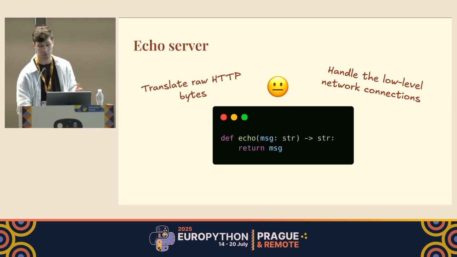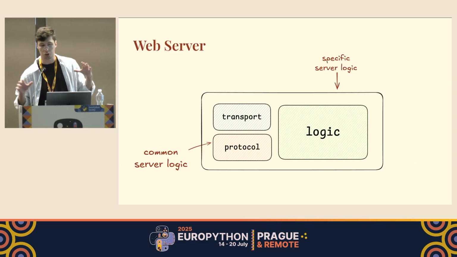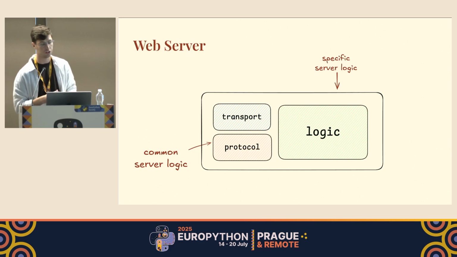If we look at the web server from a top-level perspective and try to understand what it does, we can identify a pattern. We have quite common server logic, related to the transport level and protocol handling, as I mentioned before.